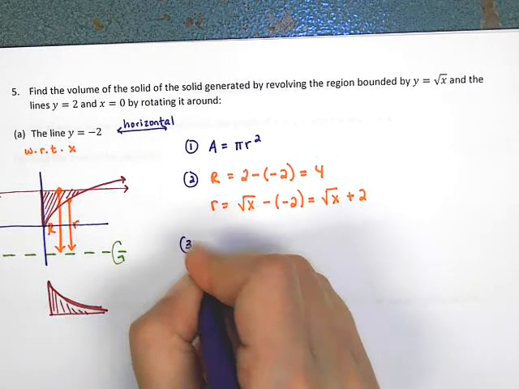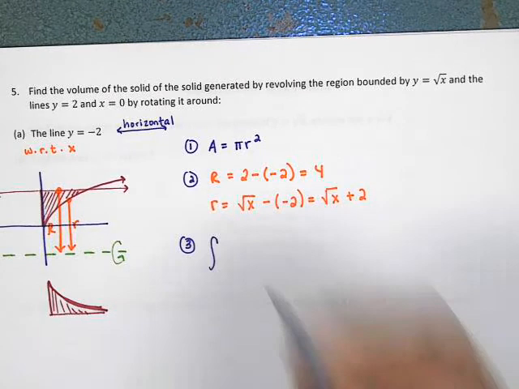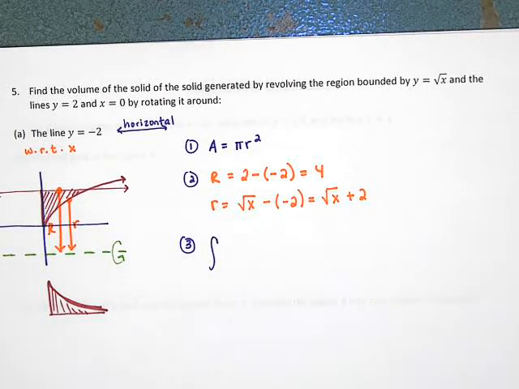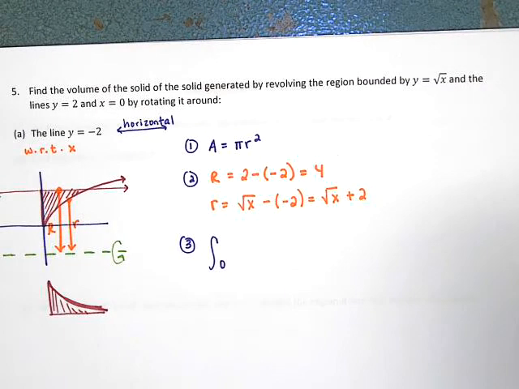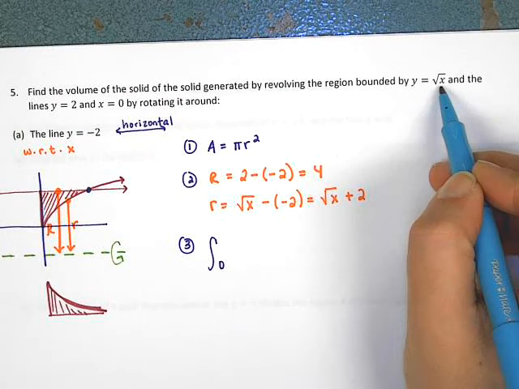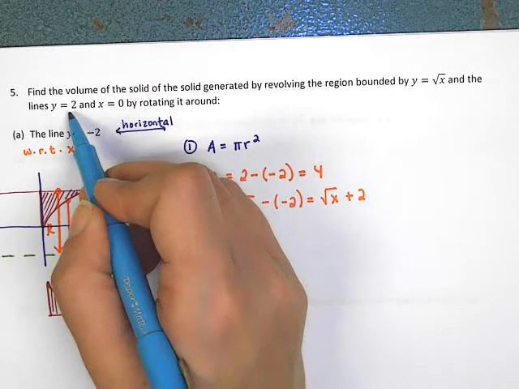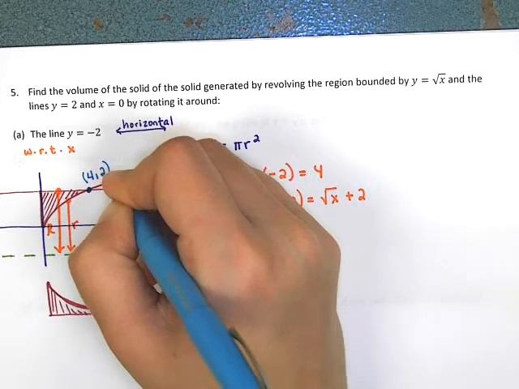Now my third step is going to be to set up two different integrals. So I'm going to integrate from, now where do these start? 0. And then where do these intersect? Well, the graph of y equals the square root of x and the line y equals 2 are going to intersect at the point (4, 2).